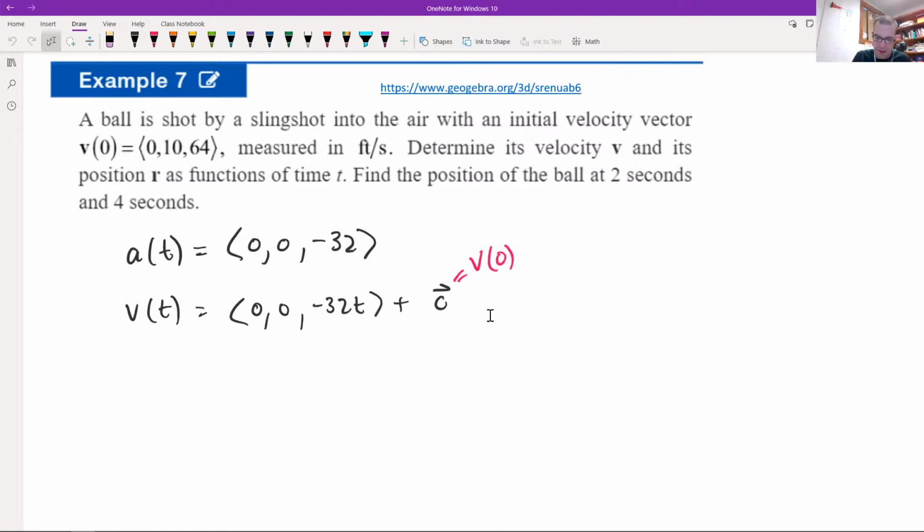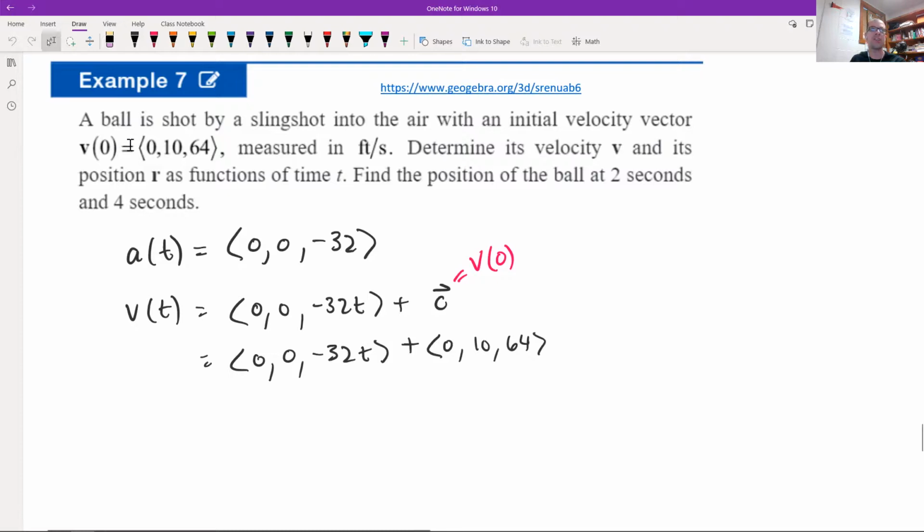And so this constant vector is actually given to us by the initial vector, 0, 10, and 64. So that's the way that we turn this general antiderivative, where really we have a family of vector valued functions here.